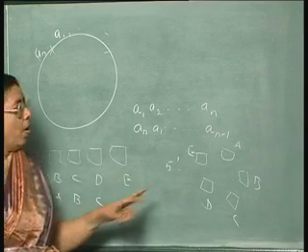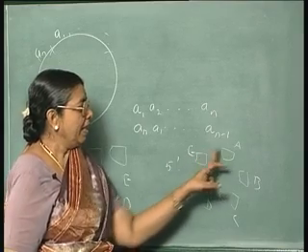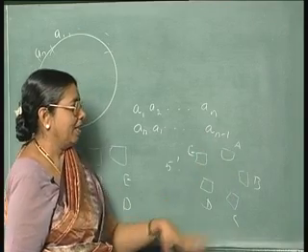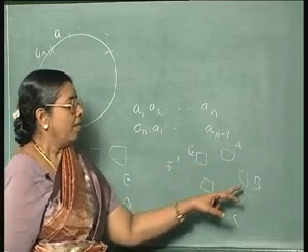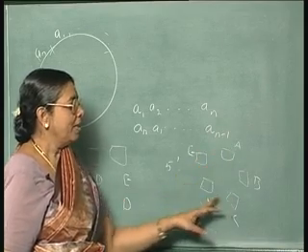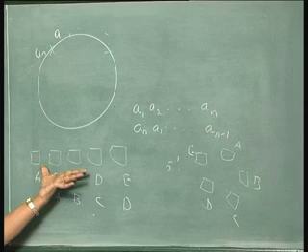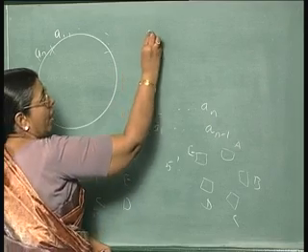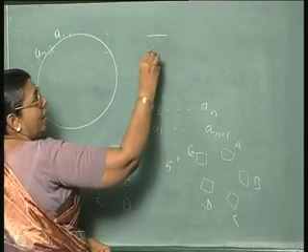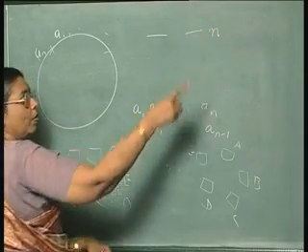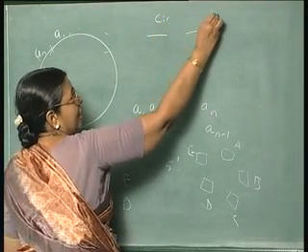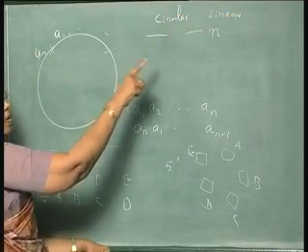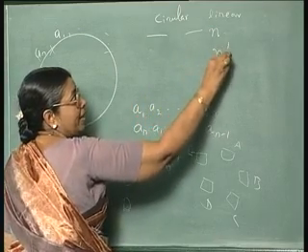So, A, B, C, D, E, E, A, B, C, D, D, E, A, B, C, C, D, E, A, B, B, C, D, E, A, all are the same. So, in a circular arrangement, one arrangement corresponds to, in this example, 5 arrangements in a linear manner. Like that, if you have n objects, one arrangement in the circular case will correspond to n arrangements in the linear case, and the number of linear arrangements is n factorial.